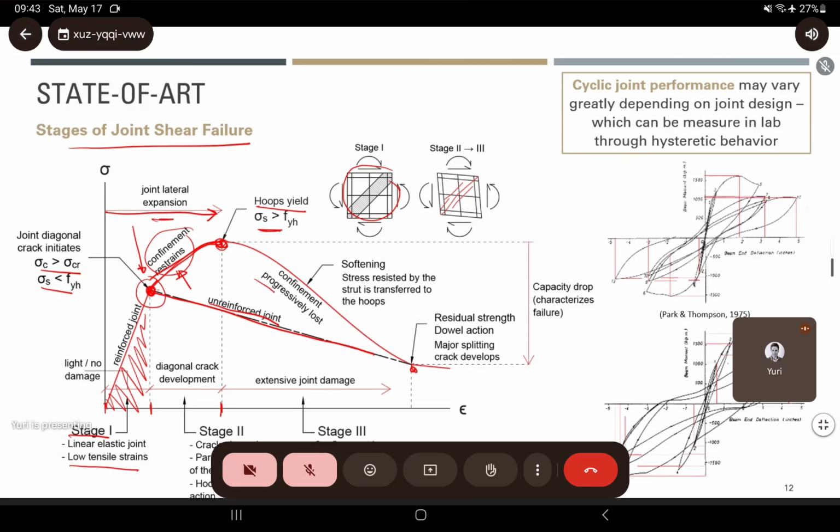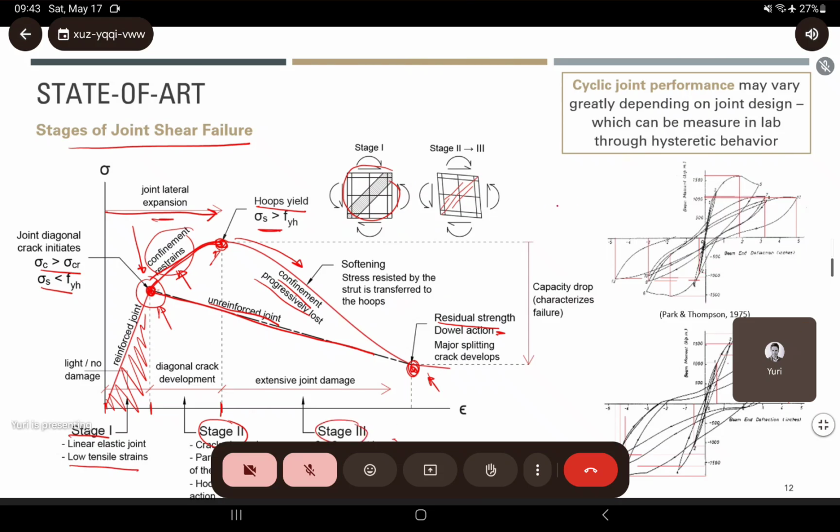Then you progressively lose confinement, and you have softening decay. This strength decay goes all the way until what we call a residual strength. This residual strength is related to the double action that we talked about previously. So stage 2 is between the first diagonal crack and the hoops yielding, and stage 3 is related to the progressive loss of strength.